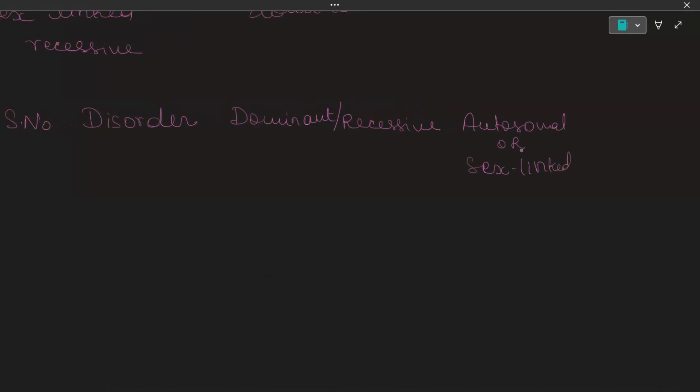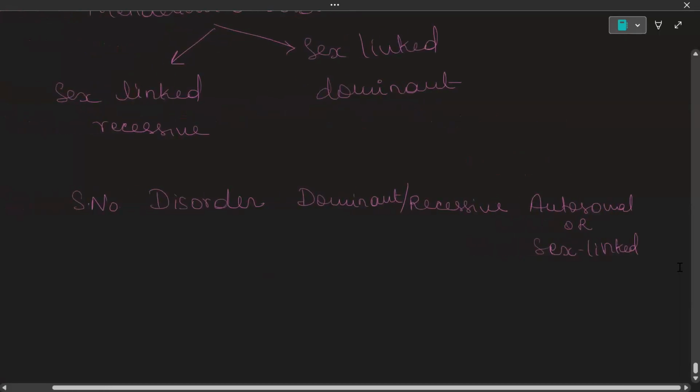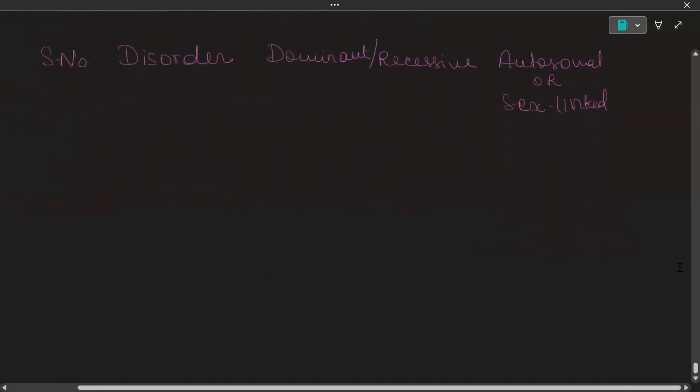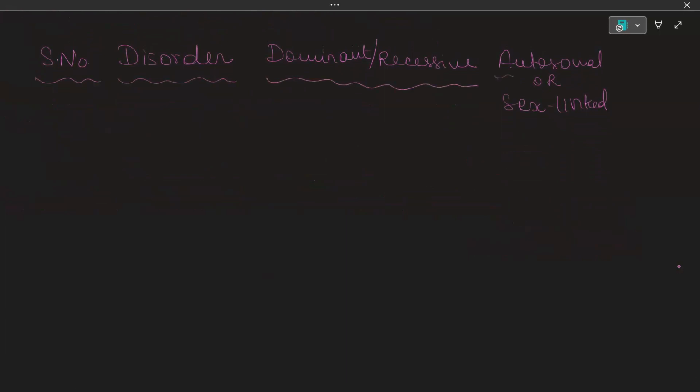What is the meaning of autosomal? Body cells, somatic cells, are for autosomal. What is the name for sex cells? Germ cells.